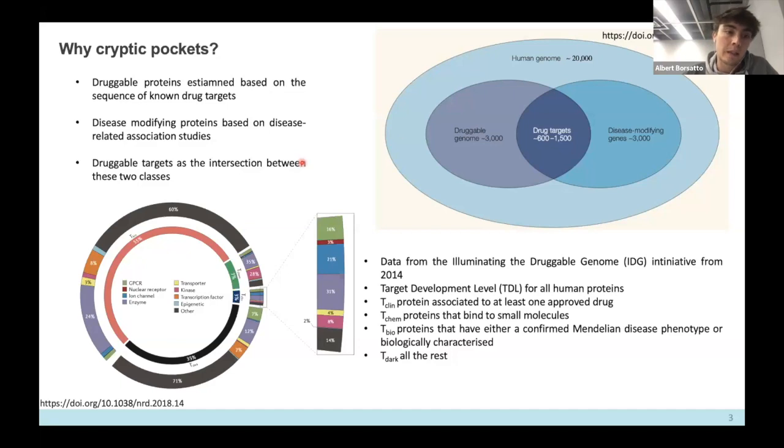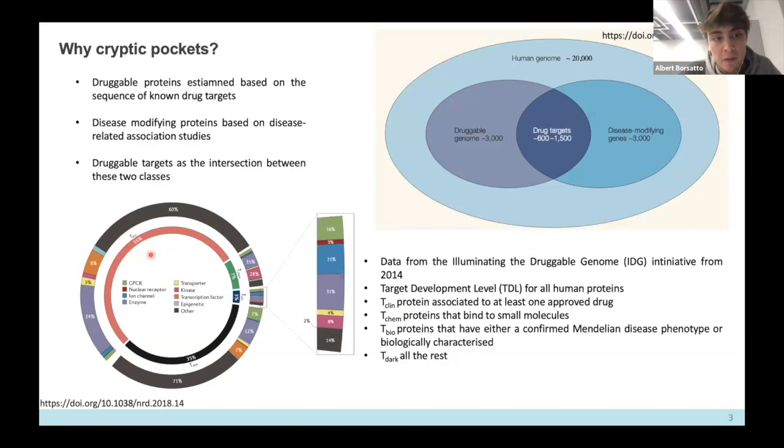Moreover, if we look at how much we actually know about the human proteome, there is a very nice initiative from 2014, in which each protein in the human proteome is assigned to a target development level. We can see that only 10%, which is the clinical and the chemical levels, are associated with possible binders. I mean, these are proteins that we know can bind something, while 55% are not like that.